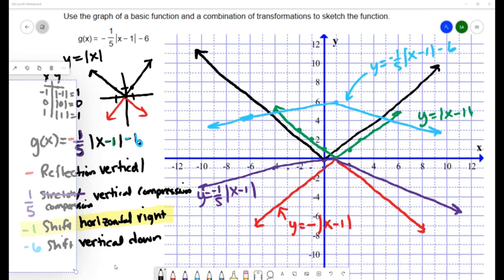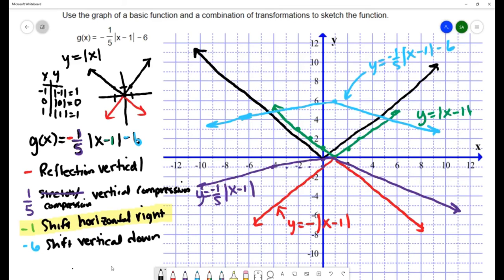Okay, so I'm coming back here because I made a mistake in this last transformation. This is supposed to be a shift down and I drew it as a shift up. So let's see if I can correct that mistake. So let's get rid of this graph in blue.